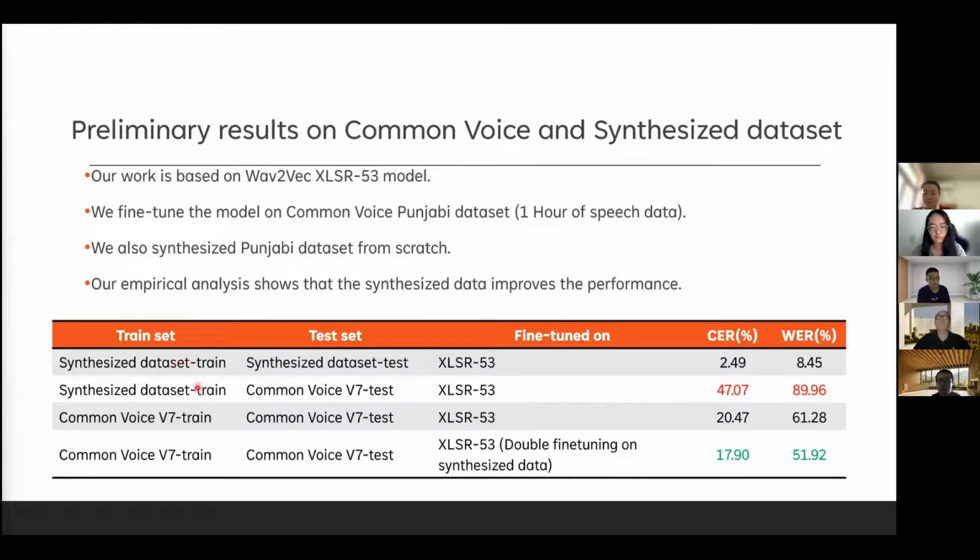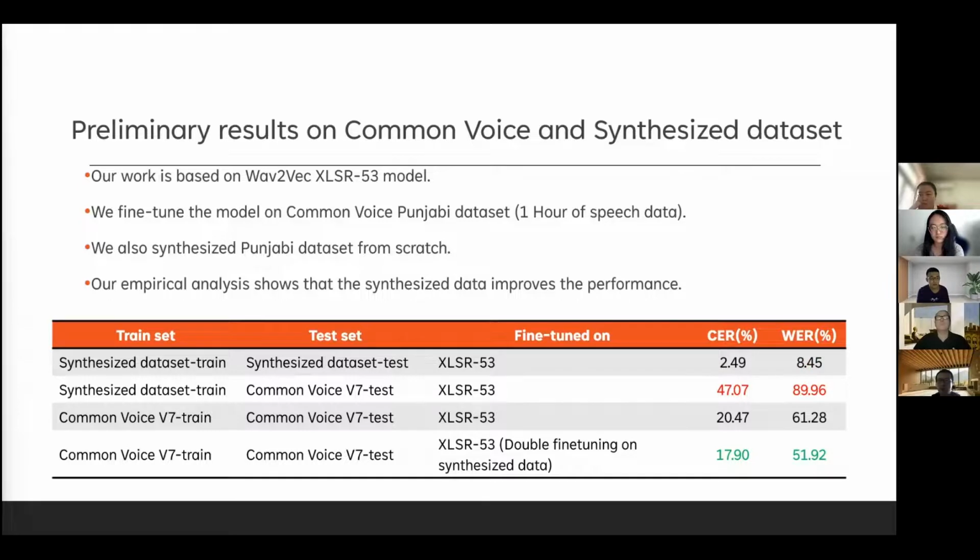We train the model on synthesized data as well as on the Common Voice version 7 data set. Training on the same set and testing on the test set of the synthesized set using the XLSR-53 model, we achieve very good results, which are around 2% character error rate and 8% word error rate.